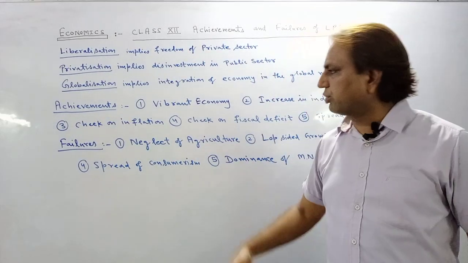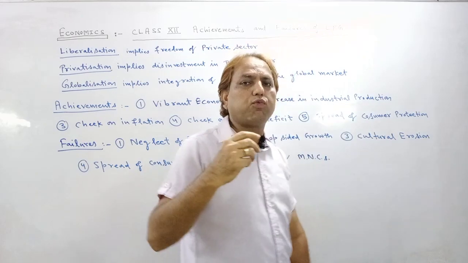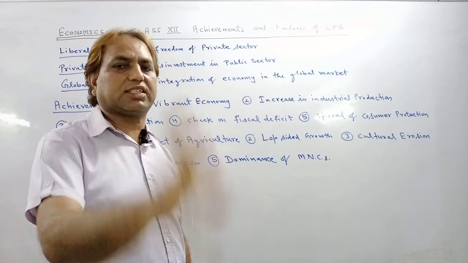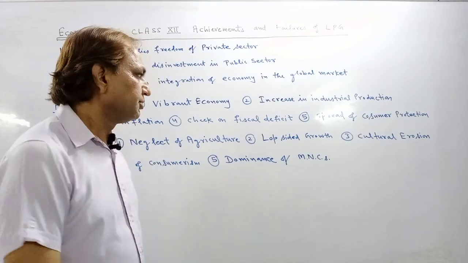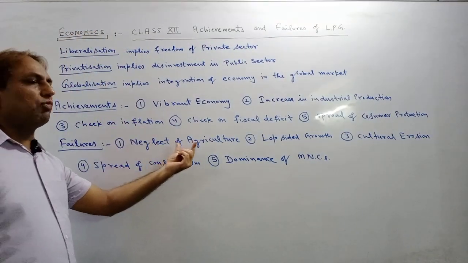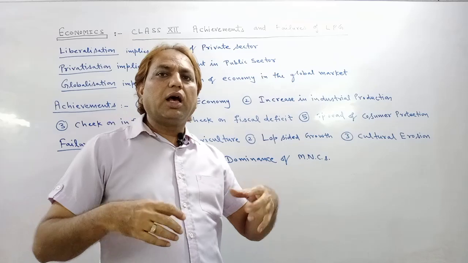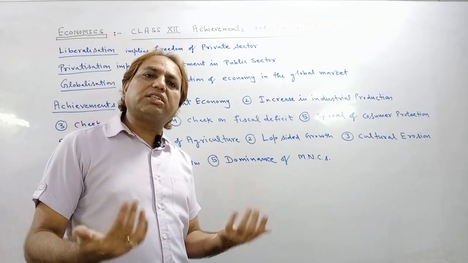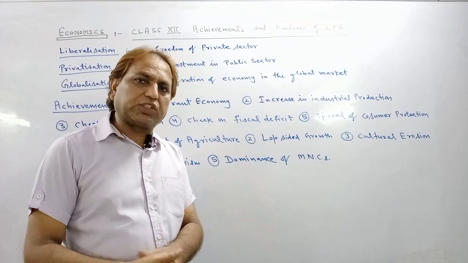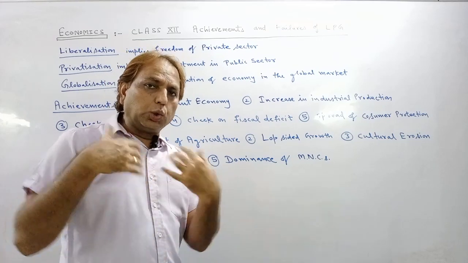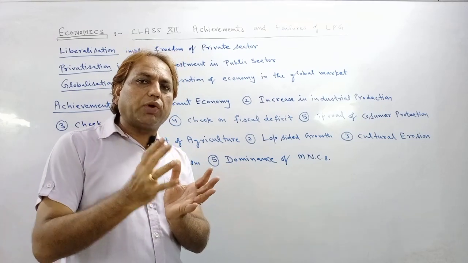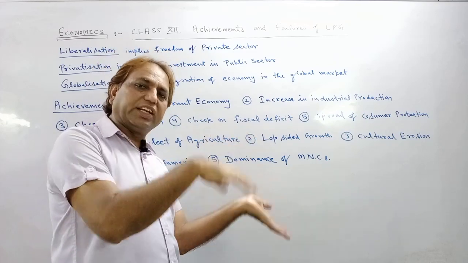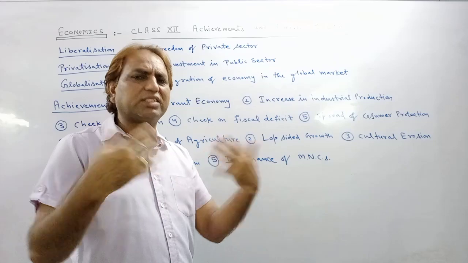Now I will be moving towards failures. How far did we succeed, meaning where did we not get success in LPG? The first point is neglect of agriculture. Our economy is an agrarian economy. Agriculture is our prime occupation, but due to LPG, our focus shifted from agriculture to industries, the service sector, and other sectors.